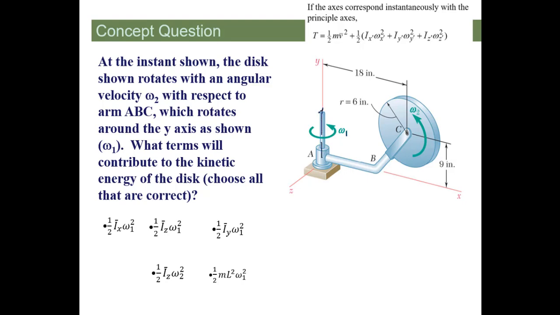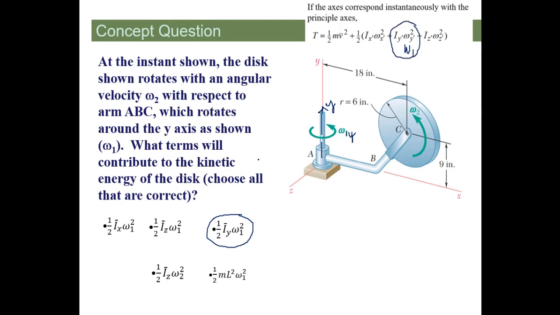We have omega 1 wrapped around the y-axis. So right here, this omega y, this is going to be omega 1. So Iy goes with omega 1. So we can circle this one. That's going to be this term right here.